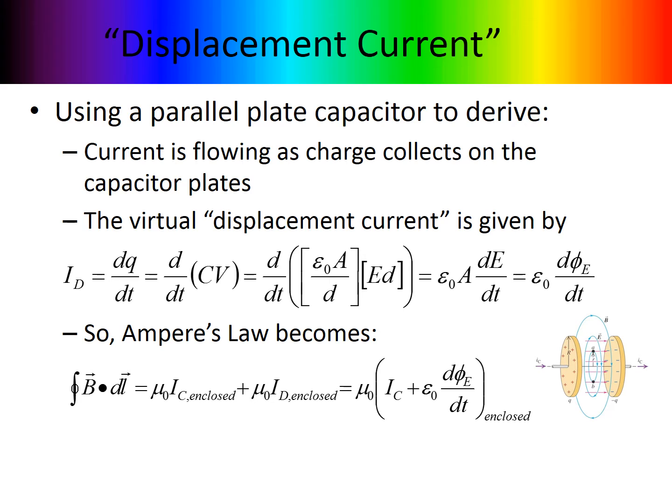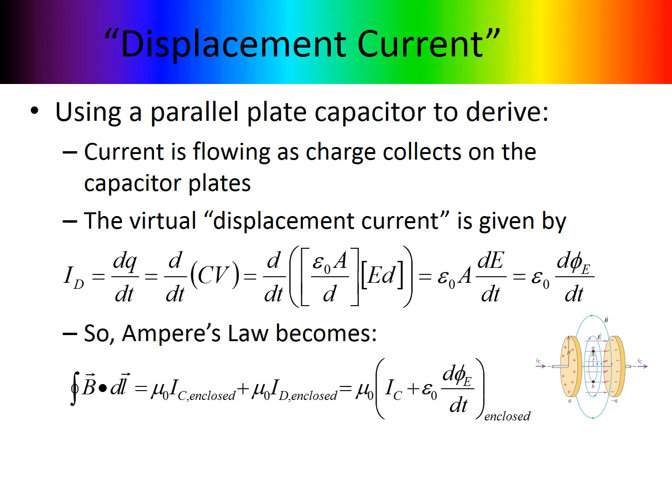Current is defined as dq dt, but remember for a capacitor, Q is equal to CV, so d(CV) dt is the same thing. And if we remember for a parallel plate capacitor, C is epsilon sub 0 A over d, and V is Ed. So plugging those in, we still have the same value.